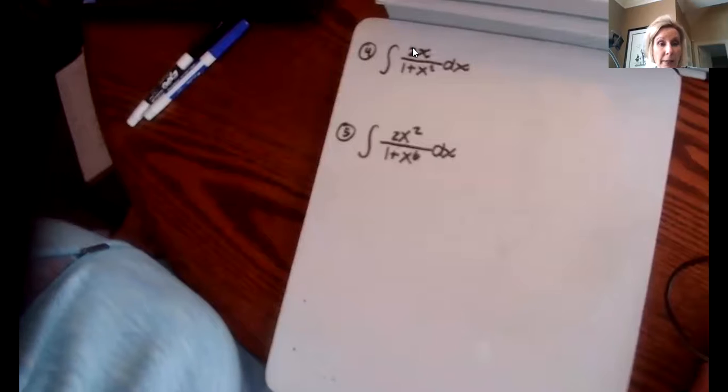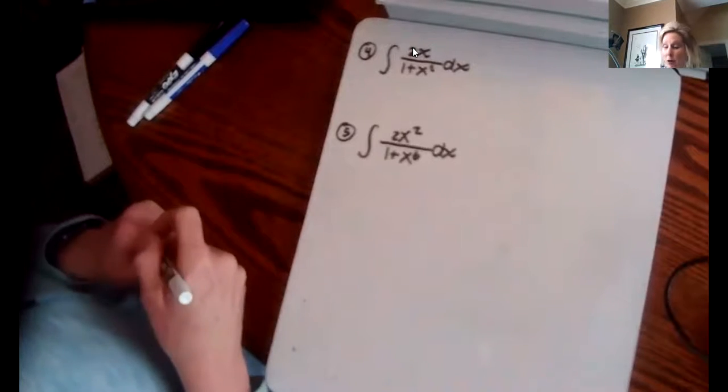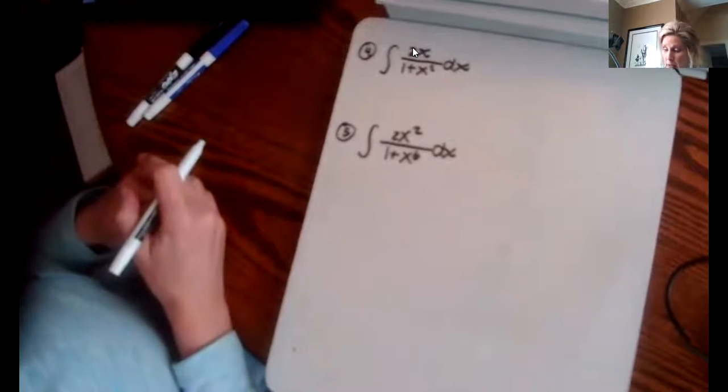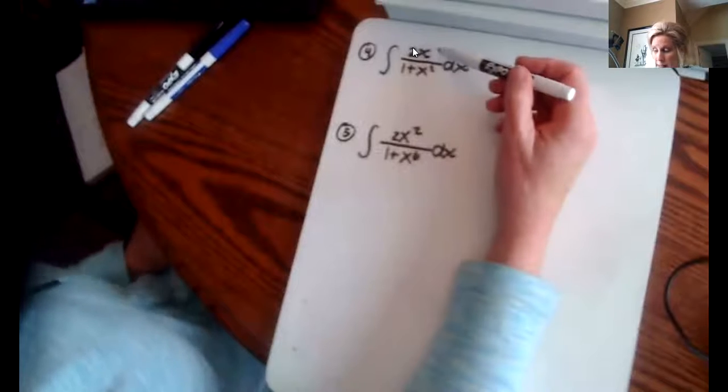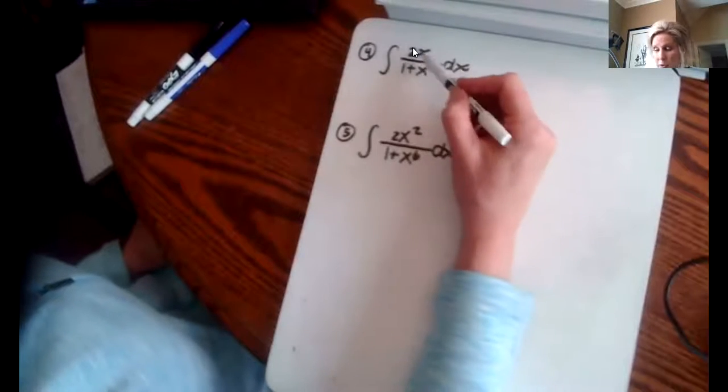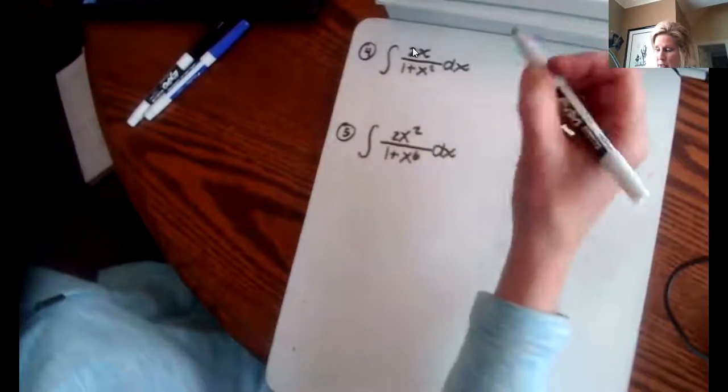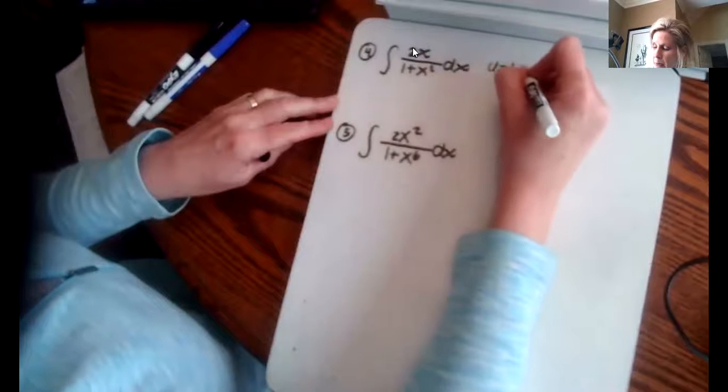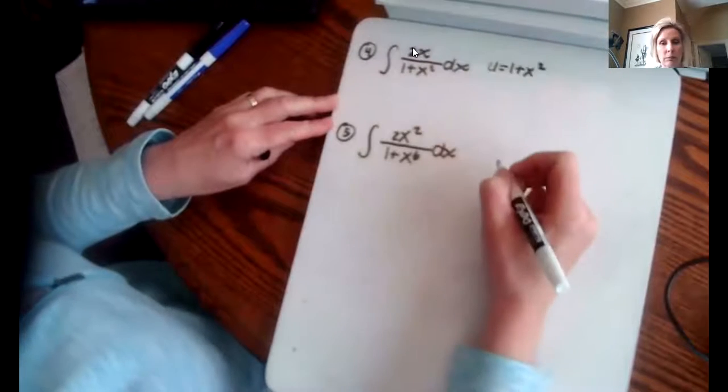All right, so take a look at these. Now on number 4, again, definitely I don't have a monomial on the bottom. Nothing's going to factor. It is bottom heavy. So immediately I start by letting the bottom be 1 plus x squared.